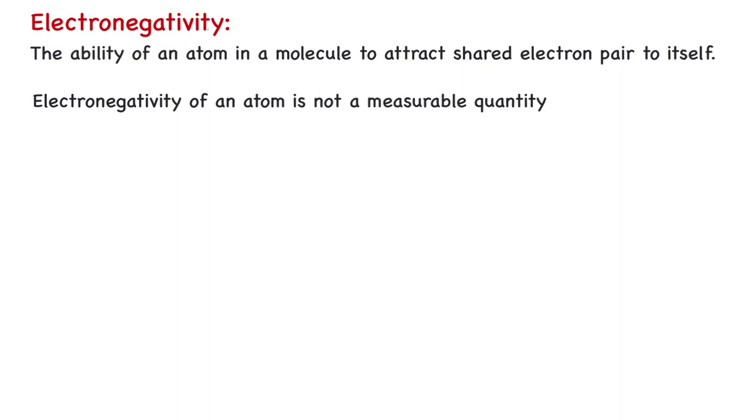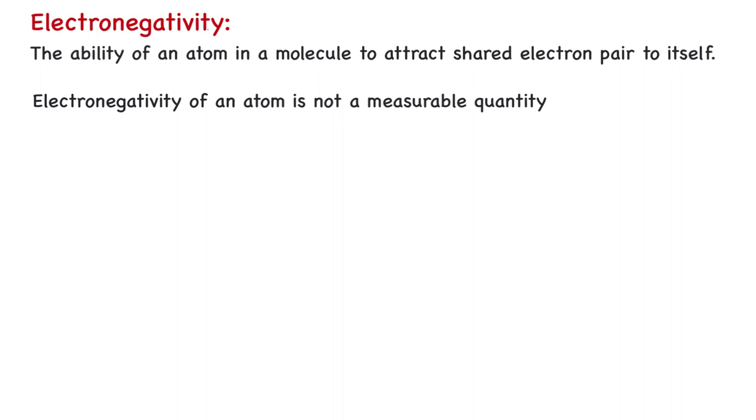That is, we cannot measure the electronegativity of an atom by doing an experiment. The electronegativity of an atom is a relative property. That is, we define electronegativity of atoms relative to each other. In other words, these electronegativity values are not absolute.